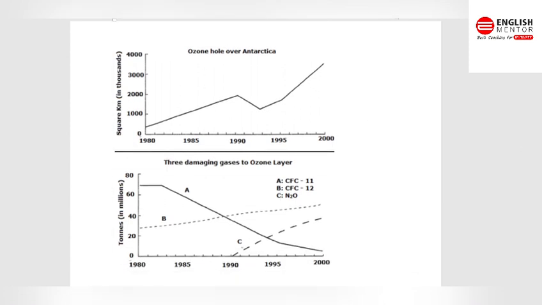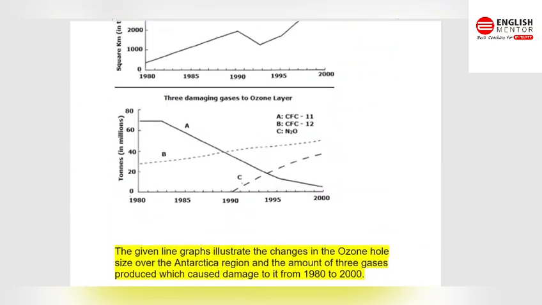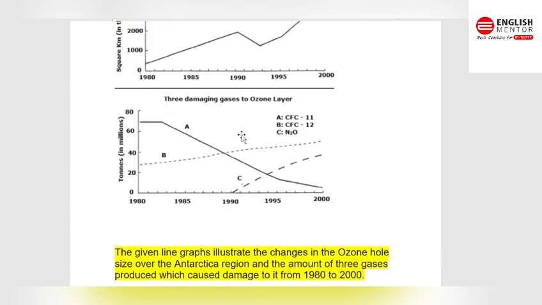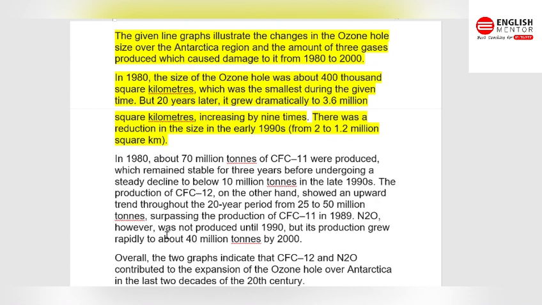So next we will describe the three damaging gases to the ozone layer, because we have described the main features in the above line graph. In 1980, about 70 million tons of CFC-11 were produced, which remained stable for 3 years before undergoing a steady decline to below 10 million tons in the late 90s.